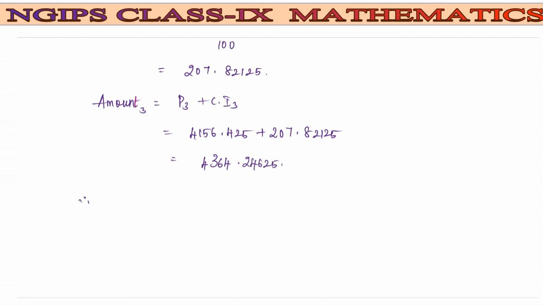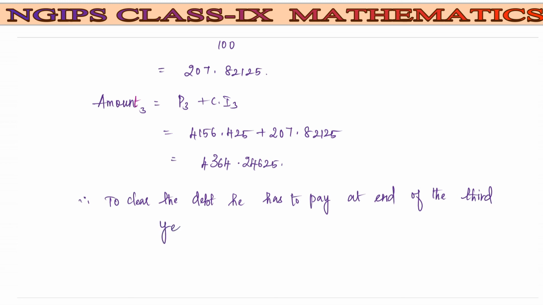Therefore, to clear the debt, he has to pay at the end of the third year rupees 4,364.24625. So this is the amount he has to pay to clear the debt at the end of the third year.